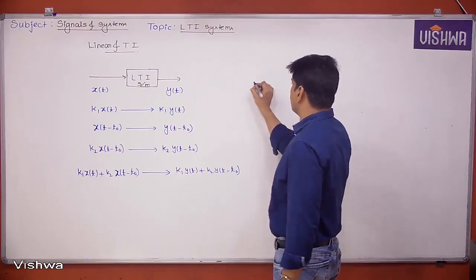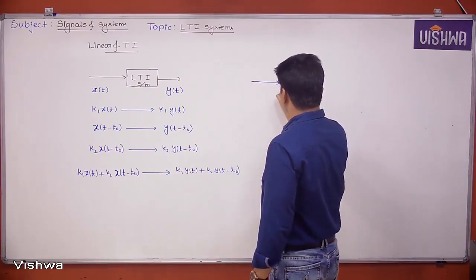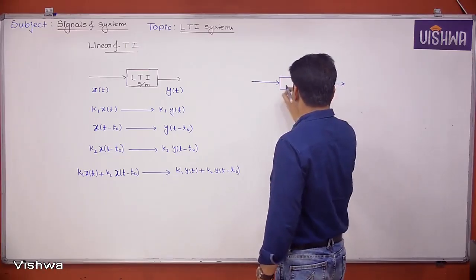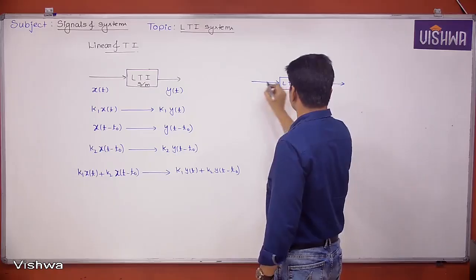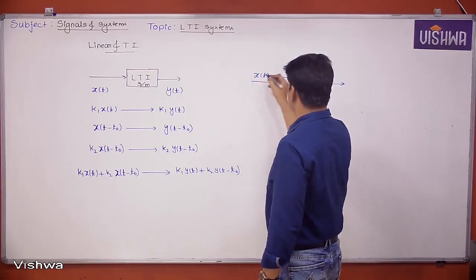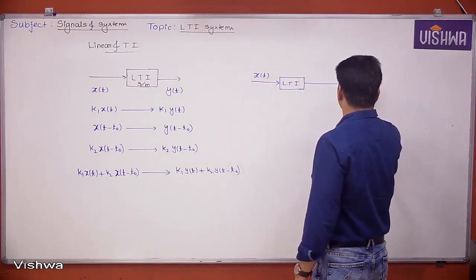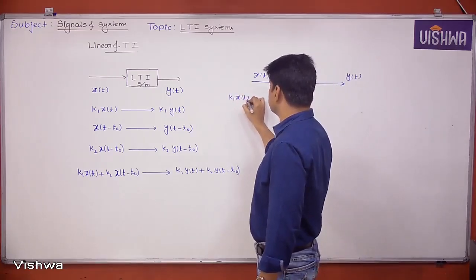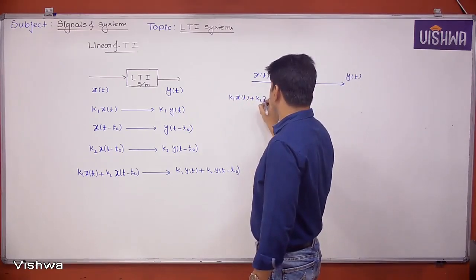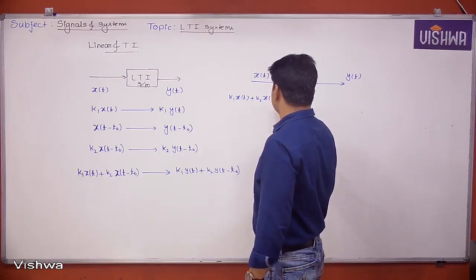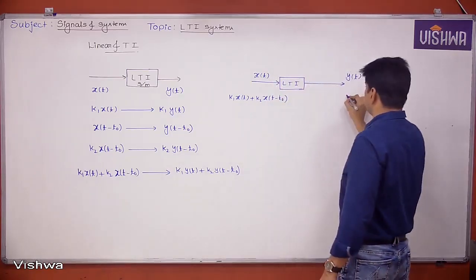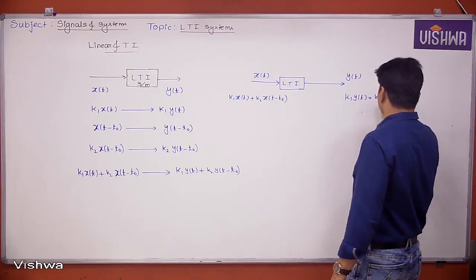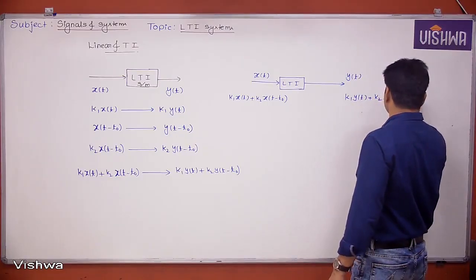So in whole, for an LTI system, if x of t is the input and y of t is the output, and k1 x of t plus k2 x of t minus t naught is the input, then the output is k1 y of t plus k2 y of t minus t naught.